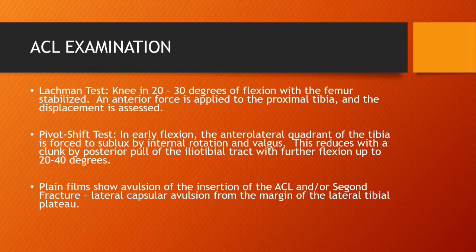So a palpable clunking qualifies as a positive pivot shift test and is suggestive again of laxity of the anterior cruciate ligament. Now on radiographs, many times with injury to the anterior cruciate ligament, the plain films will show an avulsion fracture of the insertion of the anterior cruciate ligament onto the anterior tibial plateau.